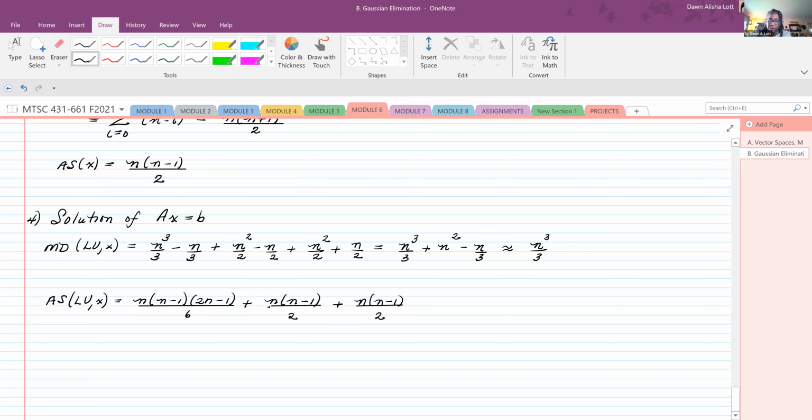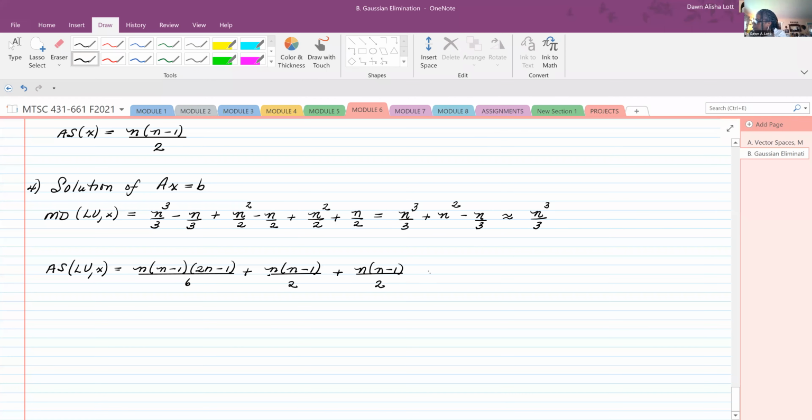So if we do this, this also comes out to be approximately n cubed, and this comes out to be n cubed over 3.